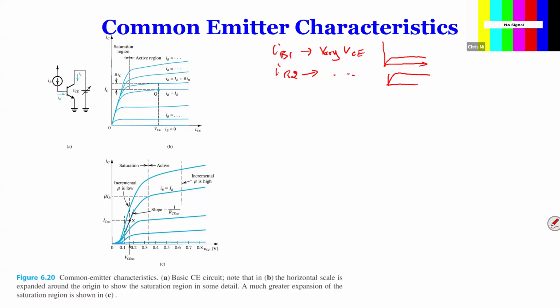Later on we're going to see more of those. What this tells you is that as IB increases, the lines start to get slanted more. Again, as we discussed before, if you extend the lines down to the second quadrant, you're going to get that VA. So that's what you really get.